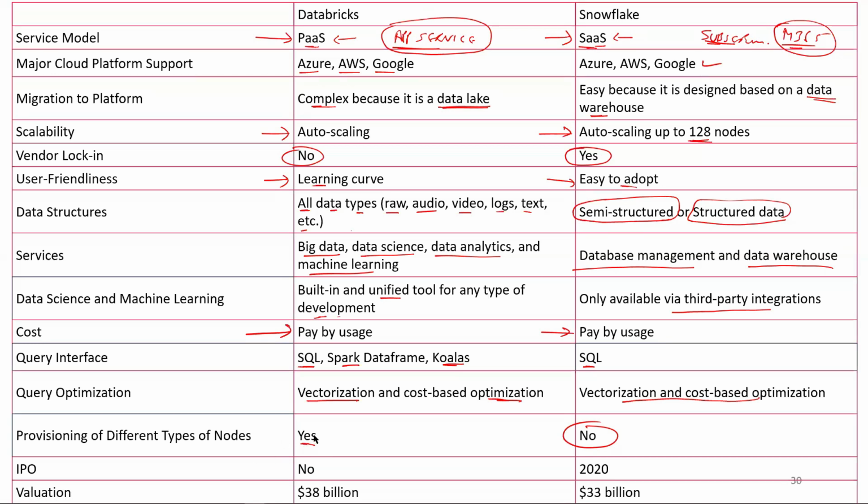But here we are using AWS or Azure, so we can choose our own sizes, let's say how much RAM we are looking for, or the number of cores and all those things. So here we have more choices basically, compared to Snowflake. Got it. Okay.